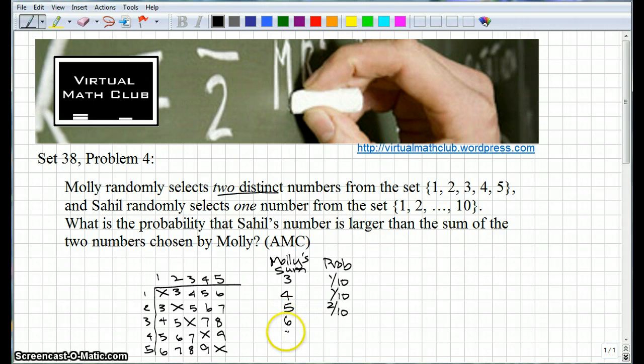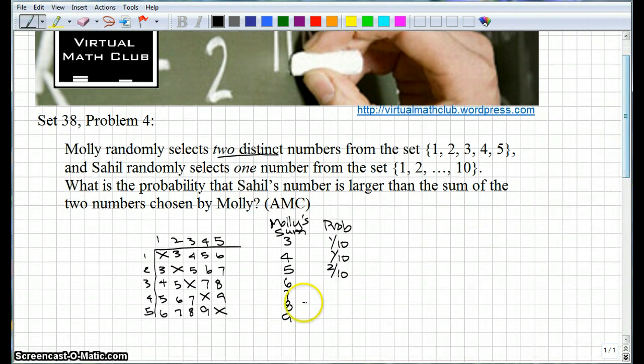Okay, so let's look at 6, 7, 8, and 9, which is the biggest sum that you can get. There's 4 ways to get 6, so that's 2 out of 10. 4 ways to get 7, so that's 2 out of 10. There's 2 ways to get 8, so that's 1 out of 10.